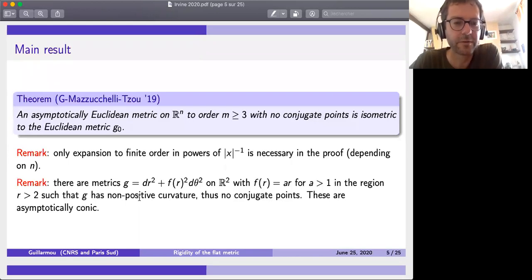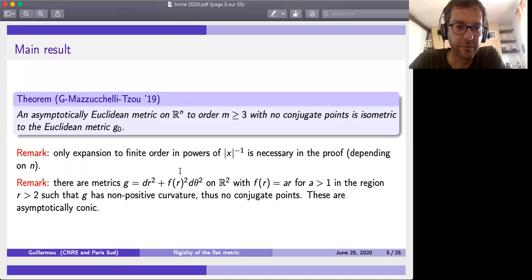So here is the result that we proved. We show that if you take an asymptotically Euclidean metric on R^n, and you assume it's asymptotically Euclidean to order m bigger or equal to 3, if this metric has no conjugate point, then it must be isometric to the Euclidean metric. So it must be flat.